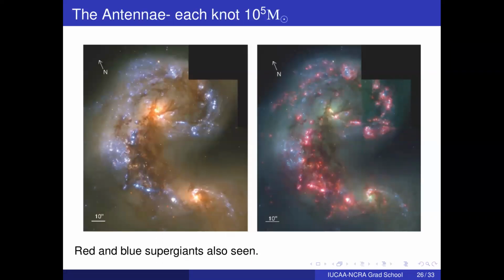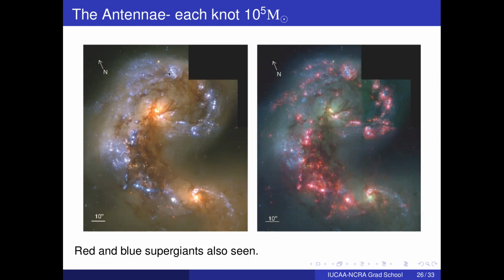So this is an example of a dusty star forming galaxy in the nearby universe. This is called the Antennae, and each knot, which means each of these dense star forming regions, is 10⁵ solar masses.